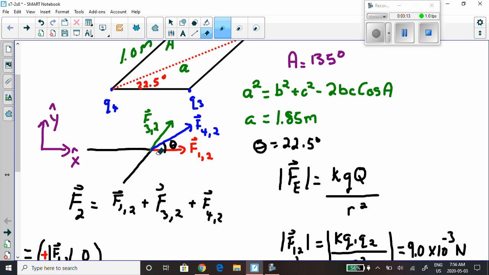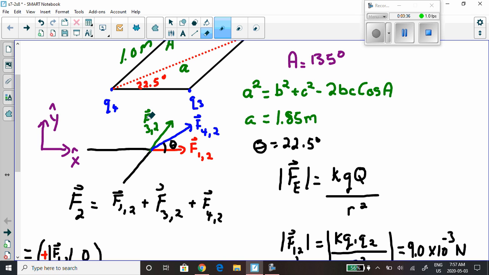Here it is, in red. Since charge Q1 is over here, it's all along the x direction. Now, the electric force from charge 3 onto charge 2 comes along this line here, along one of the sides. So I've drawn it right there.